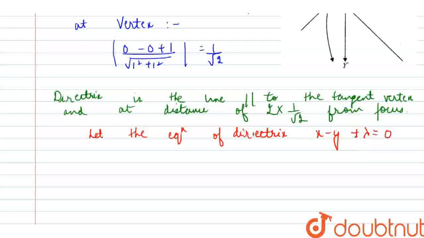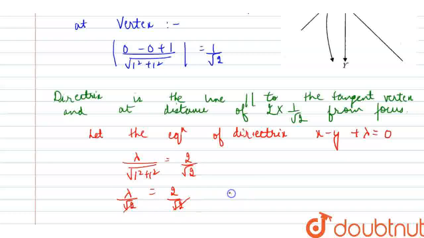Therefore, applying the distance formula again, lambda upon under the root of 1 square plus 1 square is equal to 2 upon root 2, as we have mentioned. Simplifying it further, lambda upon root 2 is equal to 2 upon root 2.